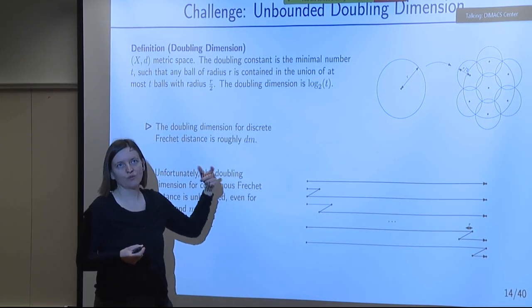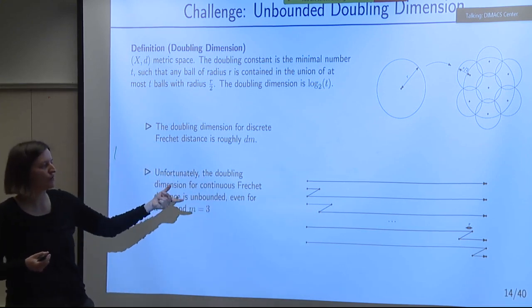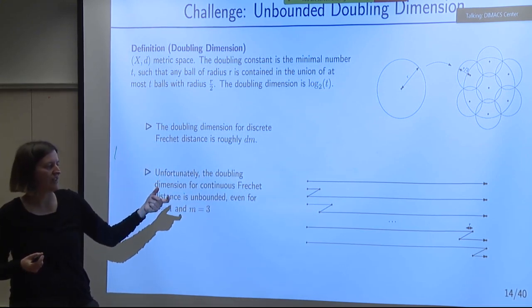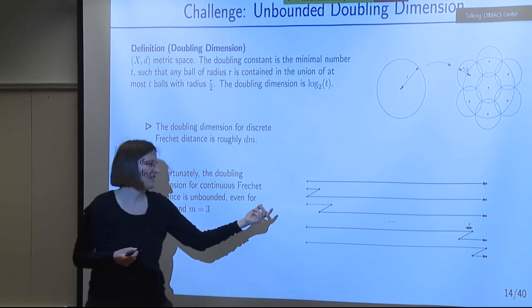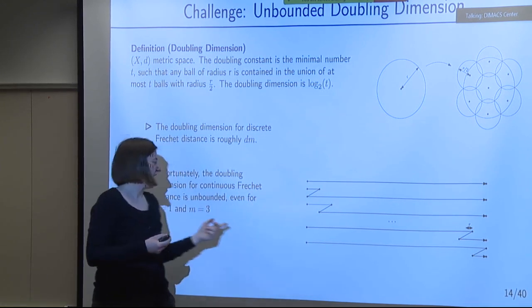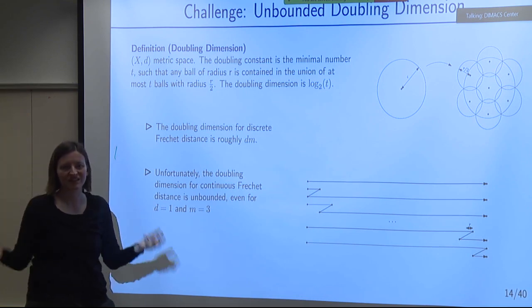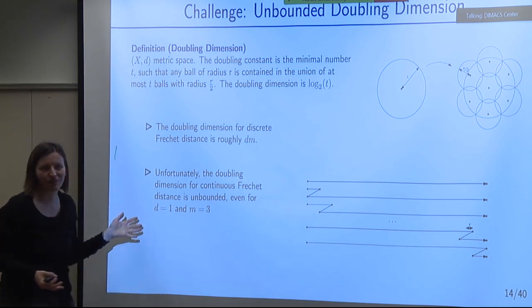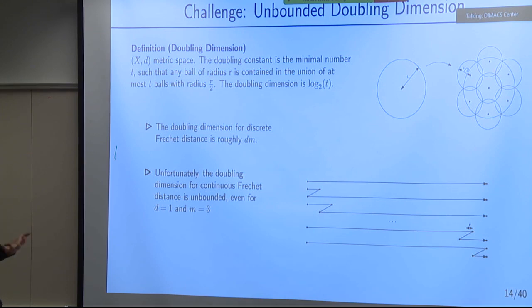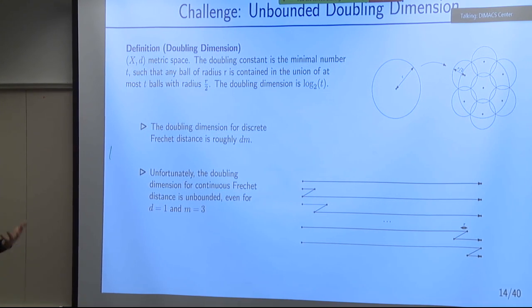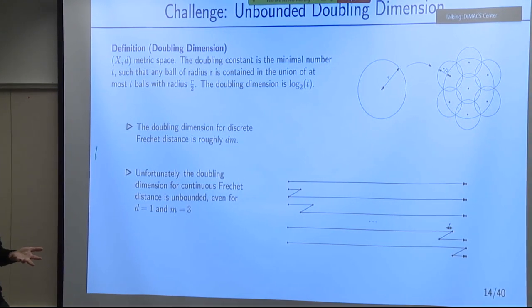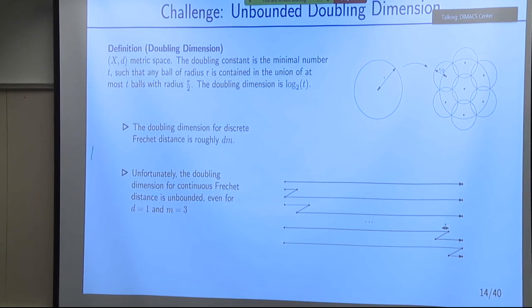If you want to cover 2 of those with a ball of radius r over 2, you would need a higher complexity here. You need to be able to do 2 zigzags, but the center is not allowed to do this because we fixed the complexity. Somehow you think the doubling dimension should not really be unbounded, but that's just what it is.